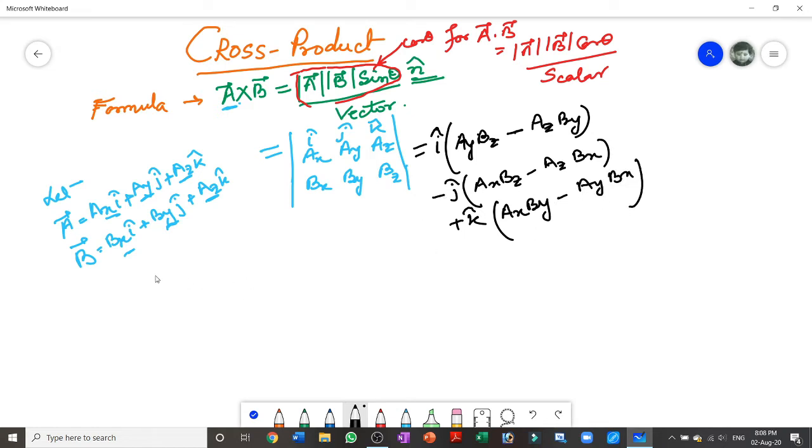How did this formula come? Actually we have to write it like this: I cap times the cofactor. Just remove these terms for I cap. Since I cap is at the center, the point of intersection here, you have to remove these terms, that is I cap, j cap, k cap and ax bx.